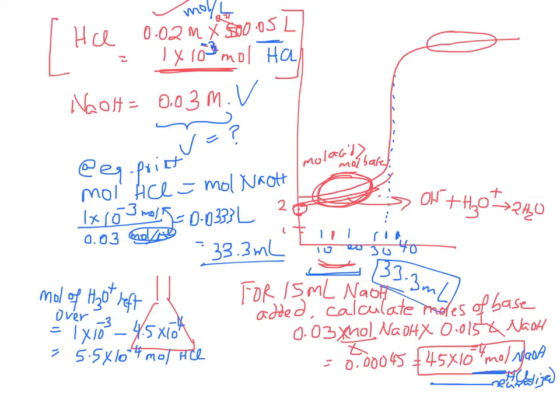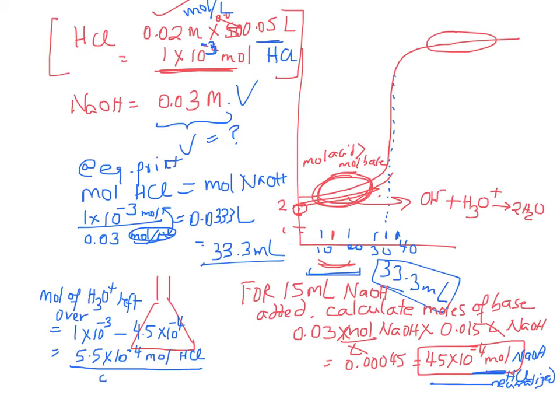Well, they remain, but realize that you have added a little bit of acid into the system. So you should divide these number of moles by the total volume that you have in there. You originally started with 50 milliliters and you have added 15.